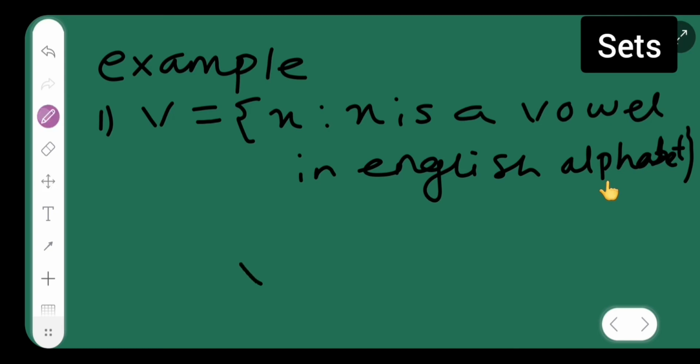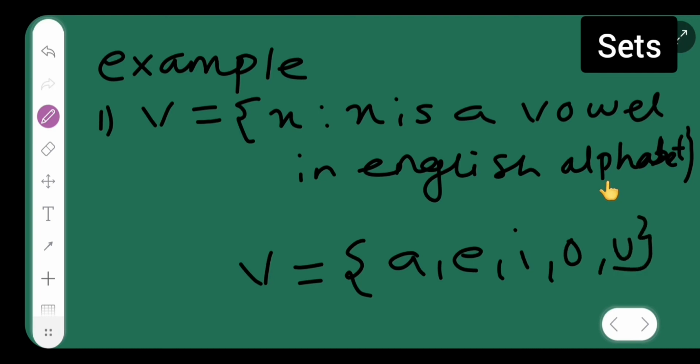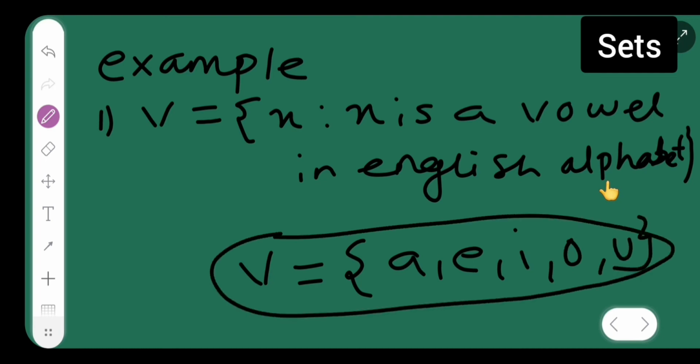Okay, this part V is equal to what it was, A, comma, E, comma, I, comma, O, comma, U. This was roster form. So what I have done over here is, this roster form I have written it into set builder form, where x is a vowel in the English alphabet.